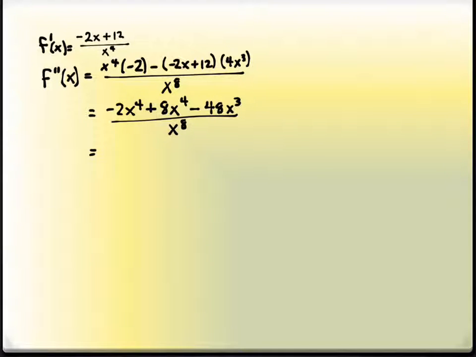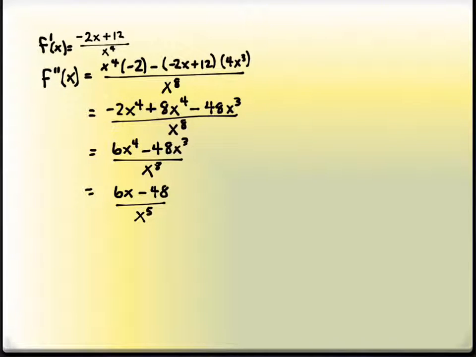Part of that numerator combines, so then I have 6x to the 4th minus 48x cubed over x to the 8th. Then what? The x's. There's powers of x's and everything, right? The lowest power, excuse me, is x cubed, so we can take an x cubed out of everything. So this would then be 6x minus 48 over x to the 5th.